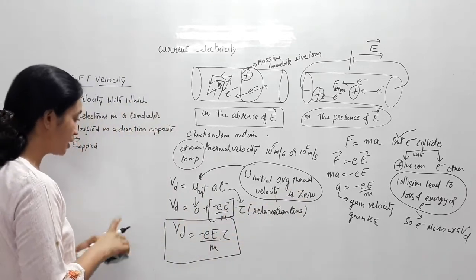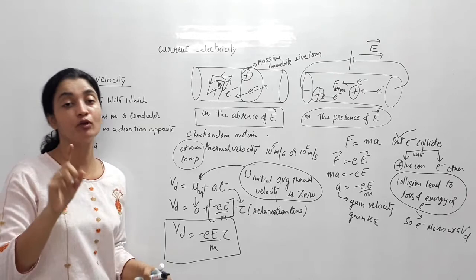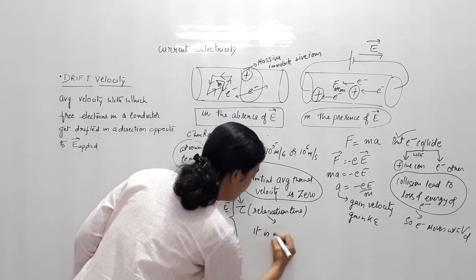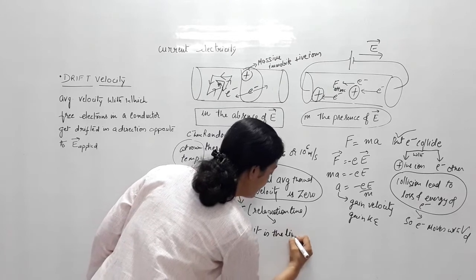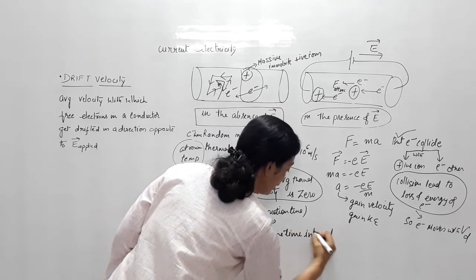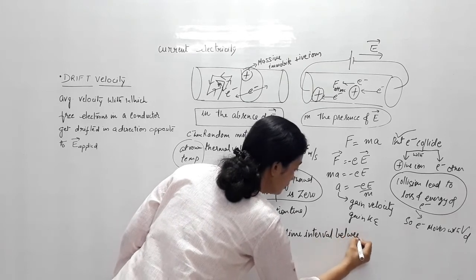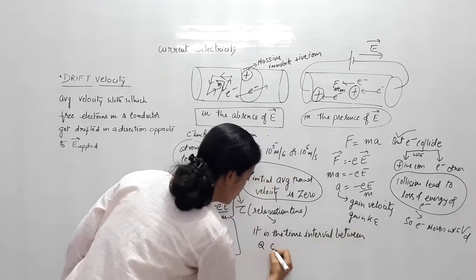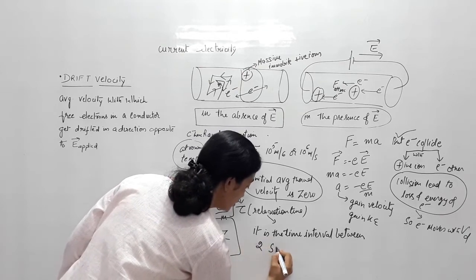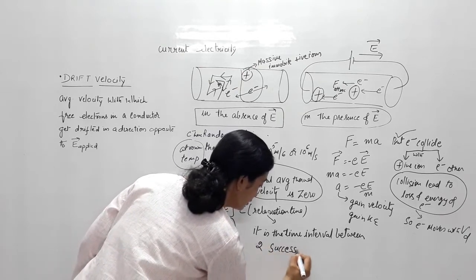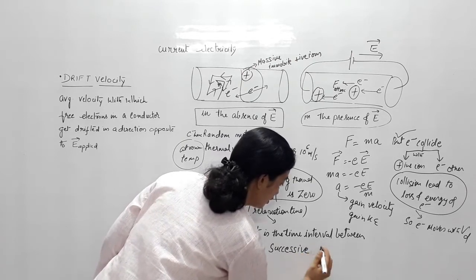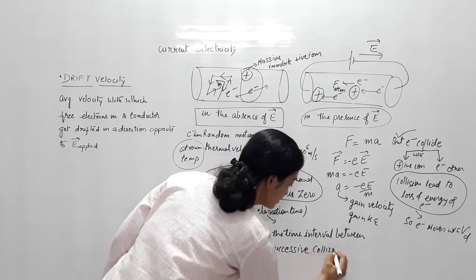What is relaxation time? It is the time interval between two successive collisions.